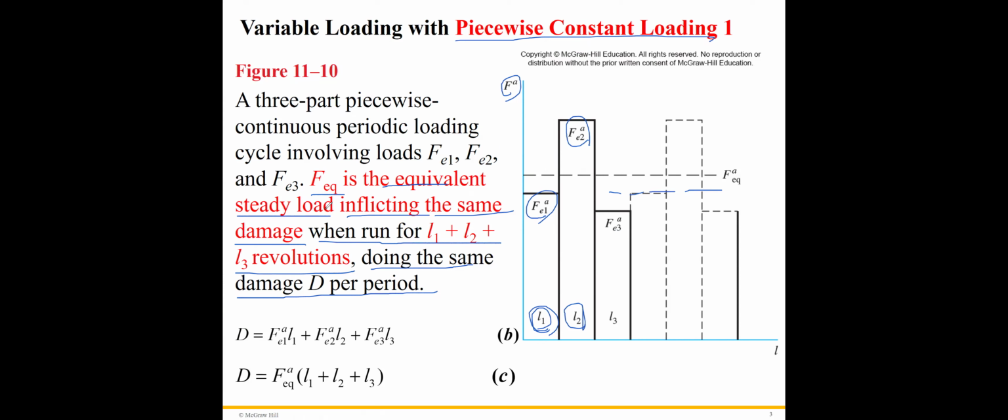So if this bearing is under piecewise constant loading, we define a load FEQ, which is an equivalent static loading corresponding to FE1, FE2, FE3, and so on. We defined it this way. The damage of this periodic loading, D, is FE1 to the power of a times L1, and FE2 to the power of a times L2, and so on.